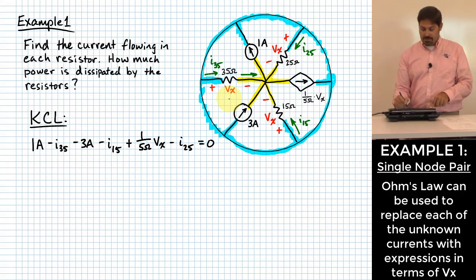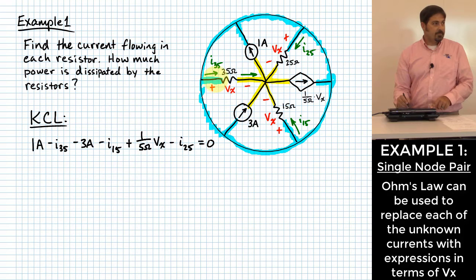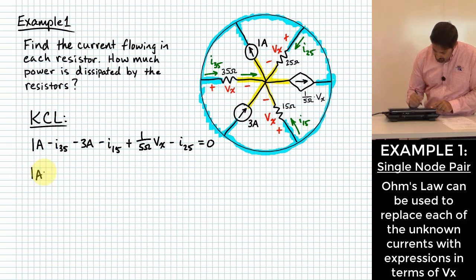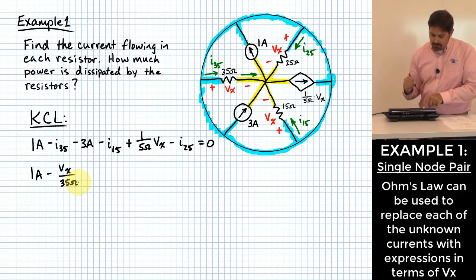Ohm's law says that because I know the voltage across there and I've given a variable to the current, those are relationships that are established. So I can rewrite this equation now where I take I-35 and replace it with Vx over 35 ohms, right?